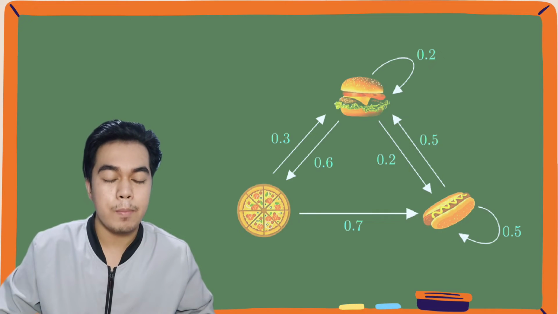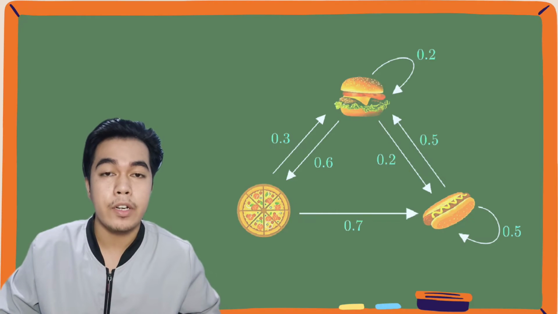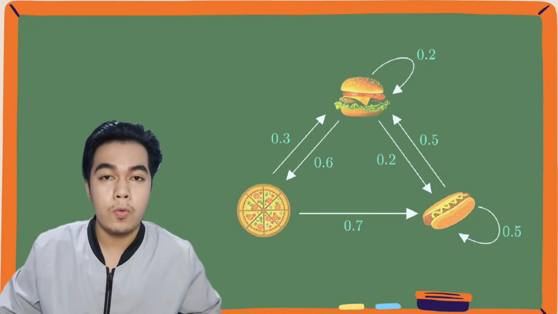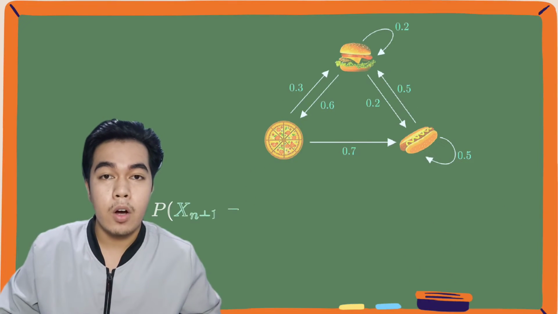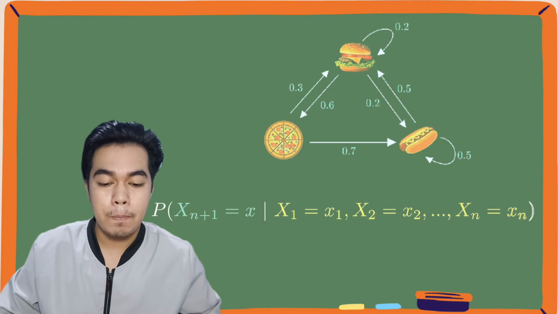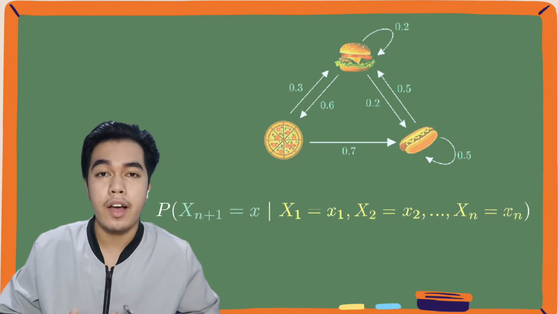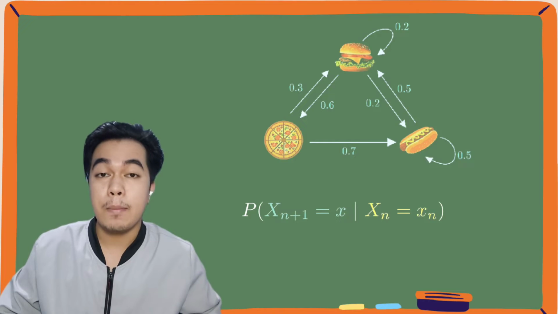Now let us discuss some properties of the Markov chain. Well, the most important property of the Markov chain is that the future state depends only on the current state, not on the steps before. Mathematically, we can say that the probability of the n plus 1 step being x depends only on the nth step, not the complete sequence of steps that came before n.